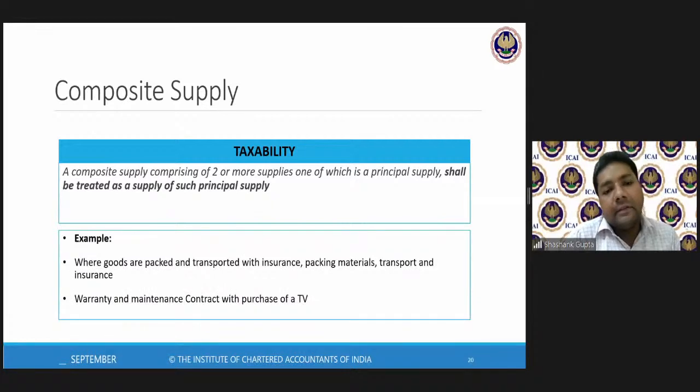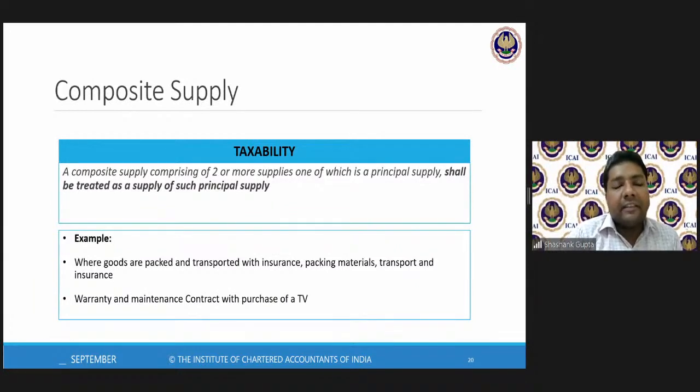So some more examples, like when you book a transportation of goods. Generally in the case of businesses, when goods are to be transported, say from Delhi to Bangalore, A is selling goods to B from Delhi to Bangalore, and while the goods will be moving on road, not only is the transportation service availed, but also packing material so that the goods are safely packed, and insurance so that if there is any breakage, loss or theft on the way, I should be compensated.